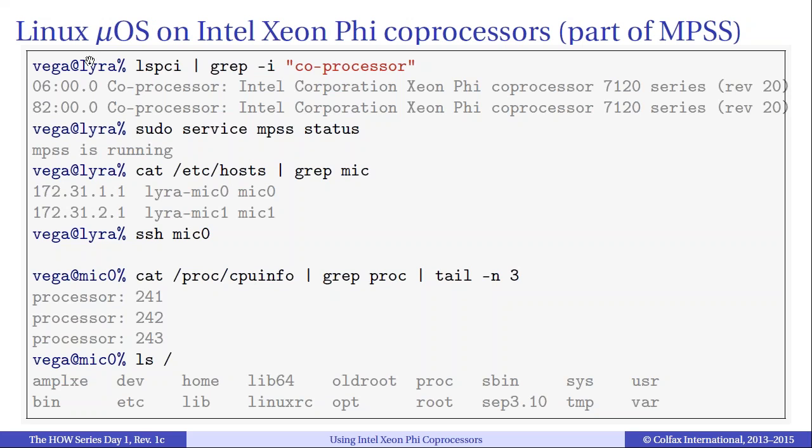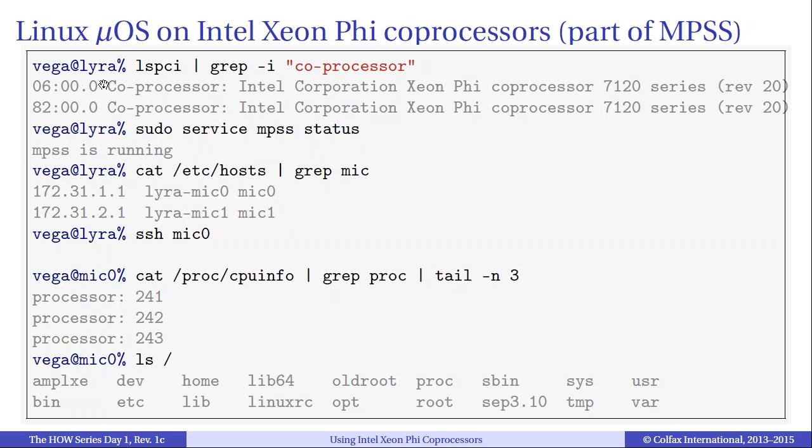I am sitting on a host called Lyra, which is actually a server that we have for testing. I query the devices on the PCI Express bus, and two of them show themselves as Intel Corporation Xeon Phi coprocessor 7120. This is the model number. Then I query the service called MPSS, and it is running, which means that the driver is loaded, so I can talk to Xeon Phi.